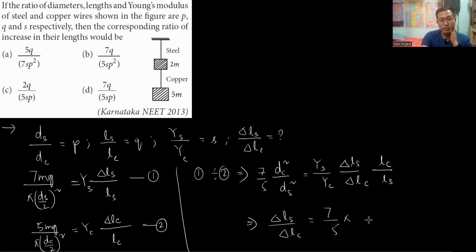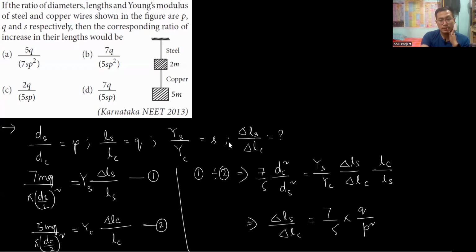So 1 by p is given, so that is p square, and then L_c by L_s is q, so L_s by L_c is 1 by q. Then we have 7q by 5p.